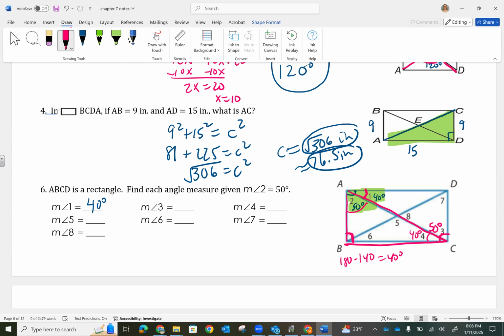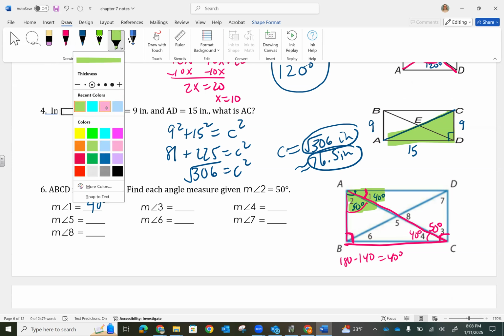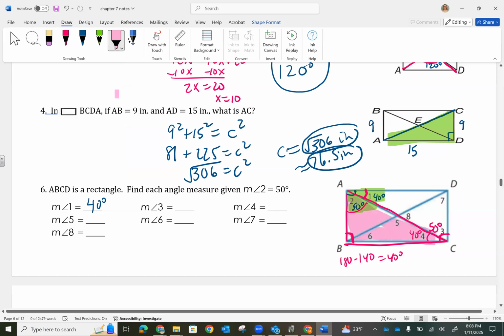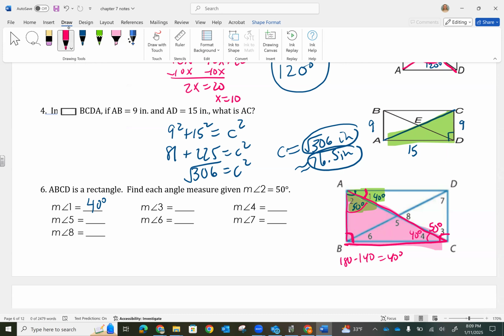So kind of knowing what triangle should I look at? Okay, you've got a right triangle here. If the top is 50, the right angle's there, that's going to be 40. And then another thing that we can think about would be, so angle 4 is 40 degrees. Angle 3 is 50 degrees. Okay.